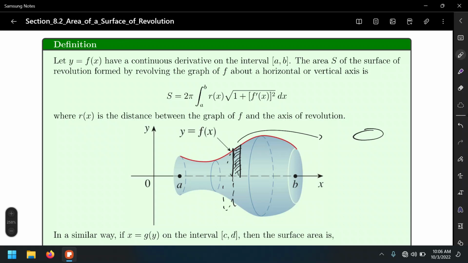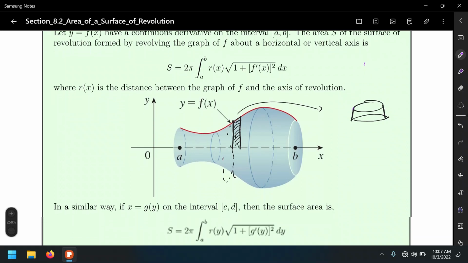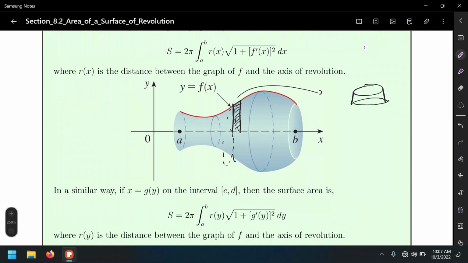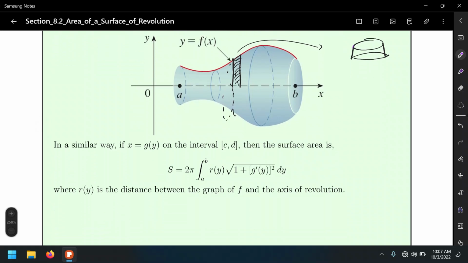It's like a cone, but it's not quite a cone. It's what we call a frustum of a cone. It's actually a cone in which we chop the cone. Otherwise, if it were the whole cone, it would look like that, right? But we're not looking at the whole cone. So we're going to rely on finding the surface area of that frustum of the cone, which will be this little partition here.